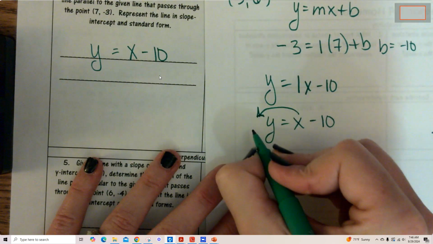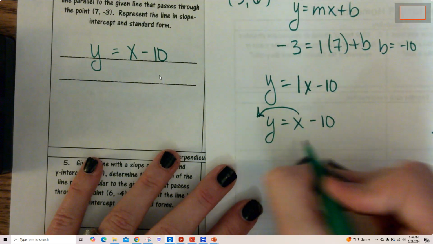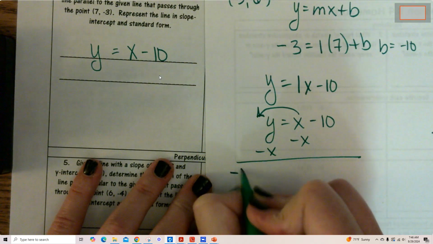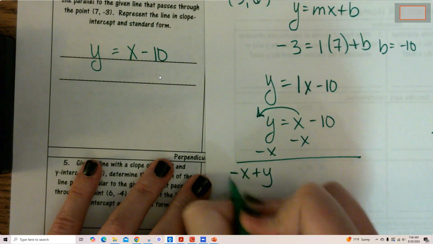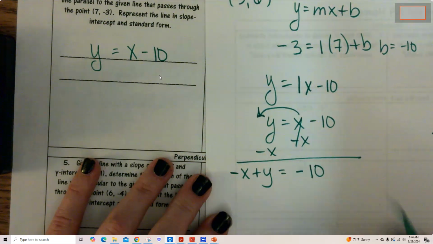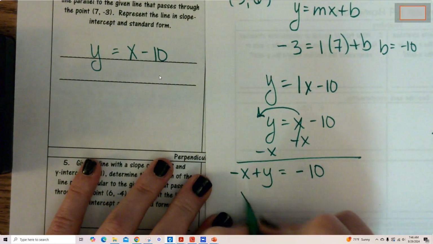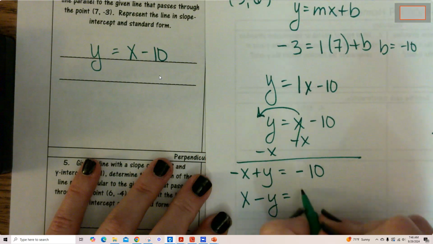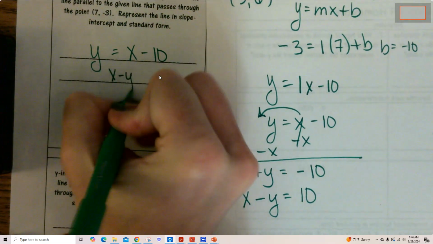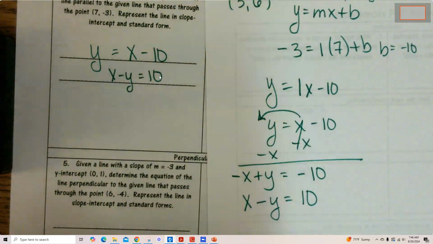To move that piece, we add or subtract. Since x is positive, we're going to subtract x from both sides: negative x plus y, and the x piece does have to go first, equals negative 10. The x can't be negative, so everybody's sign gets flipped. So x minus y equals 10.